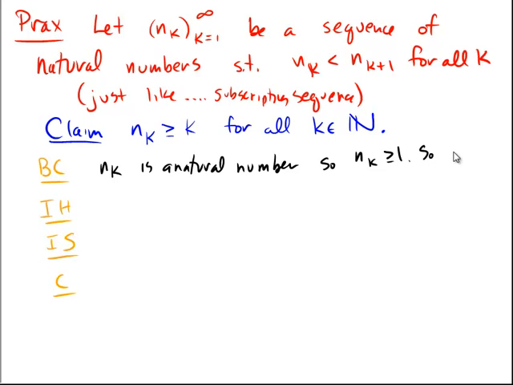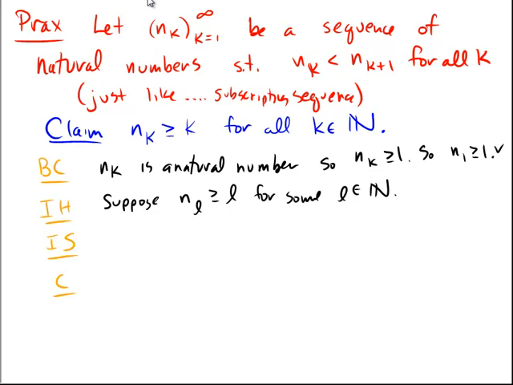So in particular, n sub 1 is bigger than or equal to 1, and that verifies the base case. What would a good induction hypothesis be then? That would be something like, suppose n sub l is bigger than or equal to l for some l in the natural numbers.